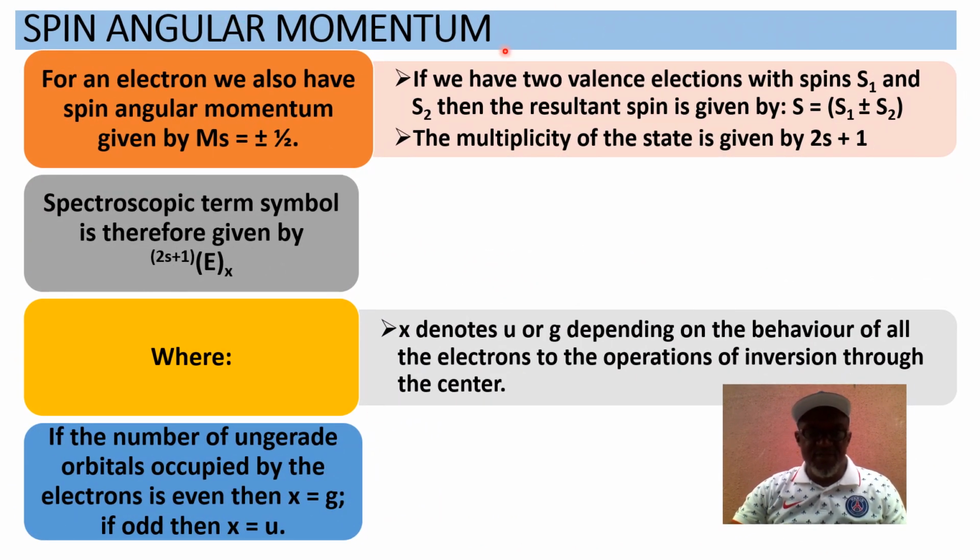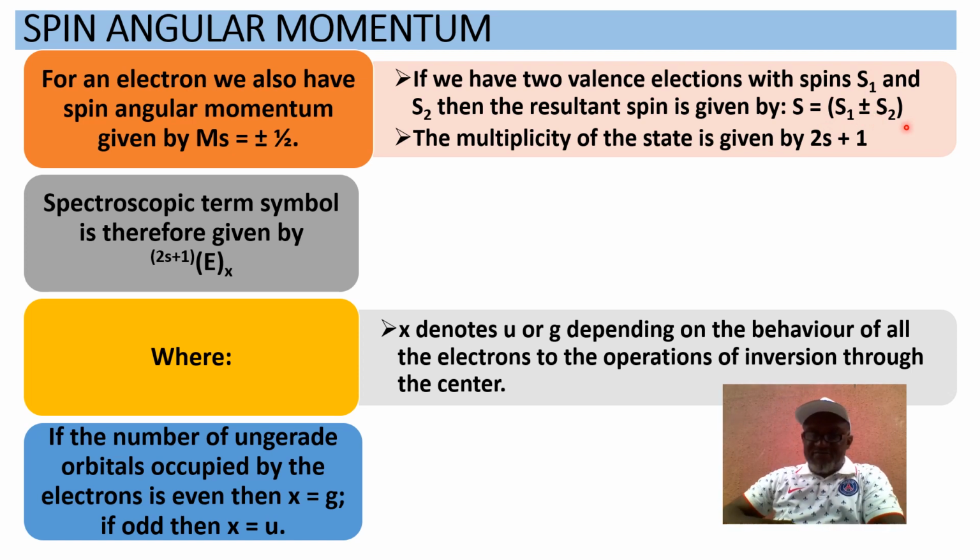Spin angular momentum. For any electron, of course, we know that we have a spin angular momentum given by ms equal to plus or minus half. So if we have two valence electrons with spins S1 and S2, then the resultant spin is given by S1 plus or minus S2.